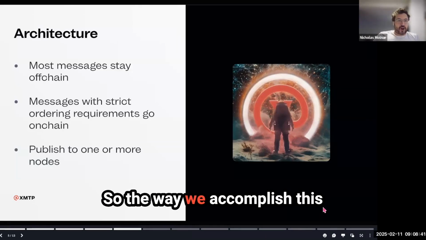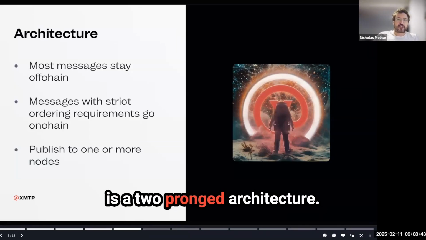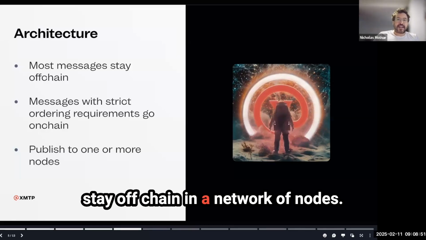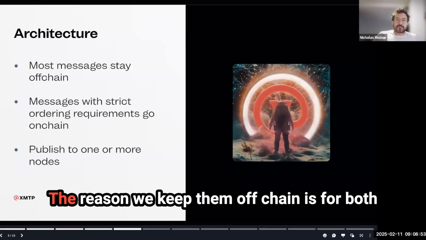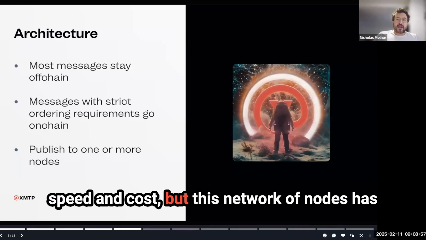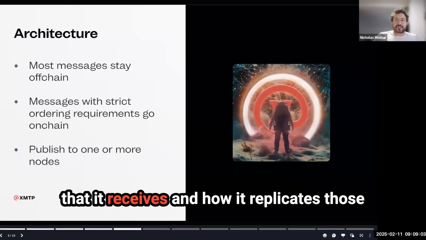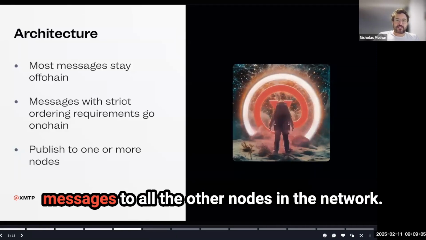So the way we accomplish this is a two-pronged architecture. Most messages in a post-XIP-49 world stay off-chain in a network of nodes. The reason we keep them off-chain is for both speed and cost, but this network of nodes has some strict rules around how it signs messages that it receives and how it replicates those messages to all the other nodes in the network.